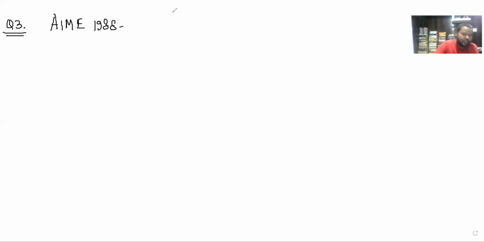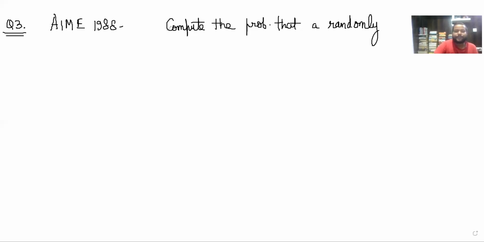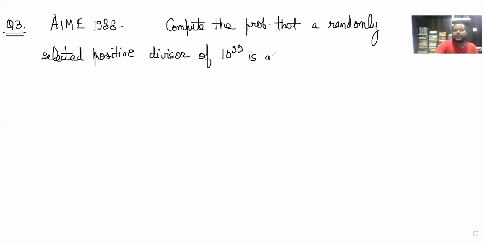The question says, compute the probability that a randomly selected positive divisor of 10 power 99 is an integer multiple of 10 power 88, right?